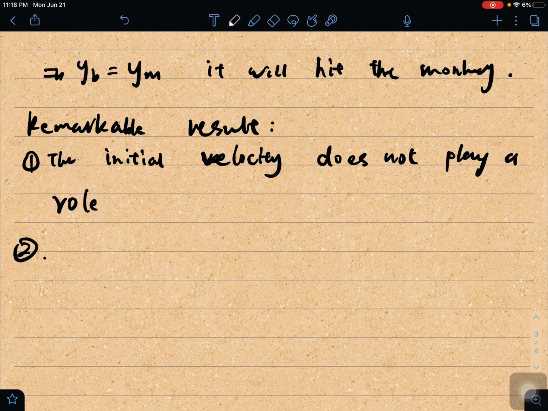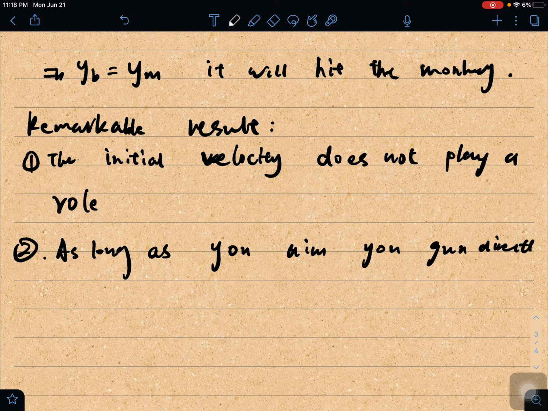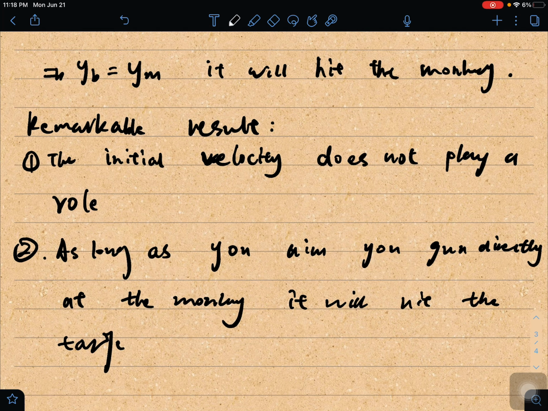As long as you aim your gun directly at the monkey, it will hit the target.